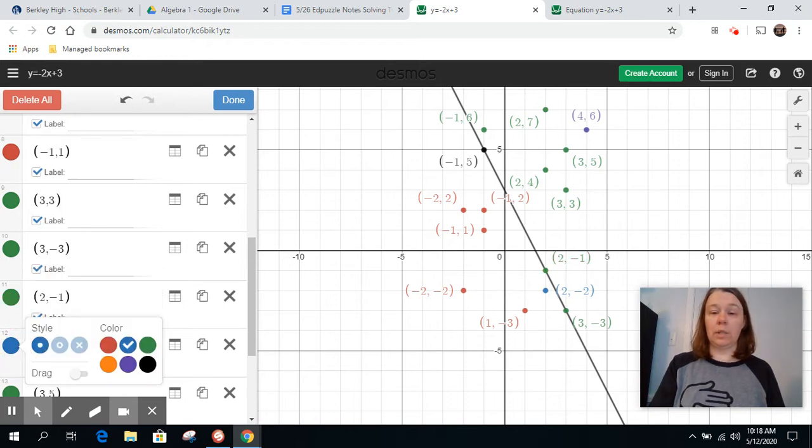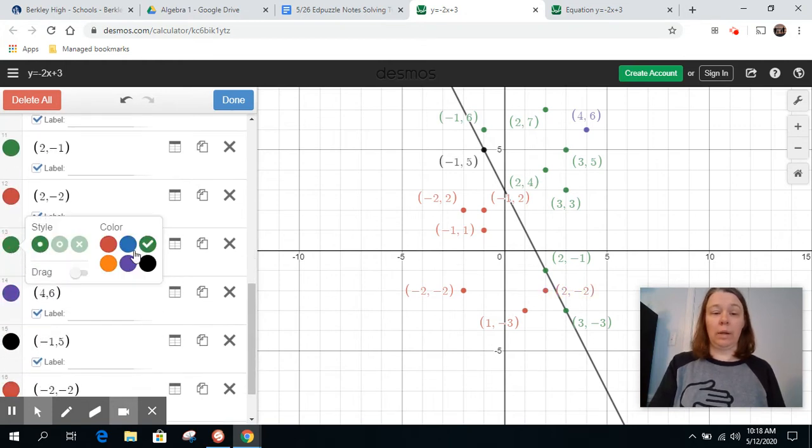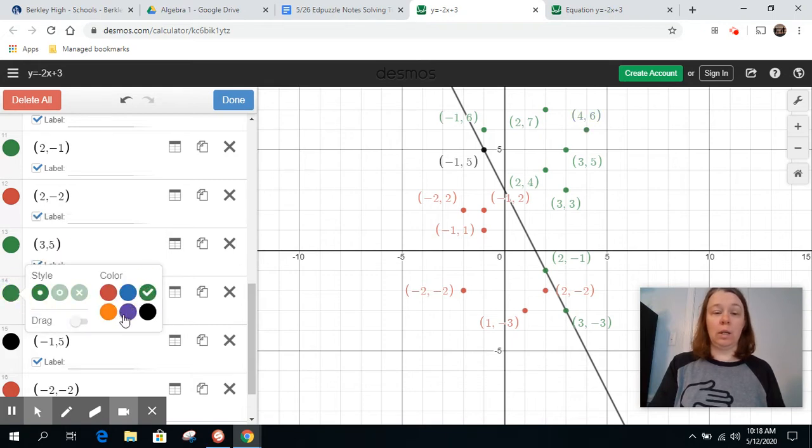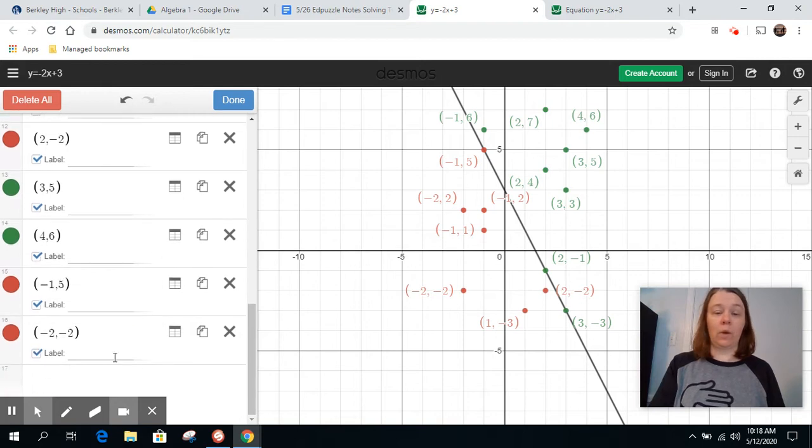Okay. I know this is taking a long time, and I'm really sorry about that. All right. So hopefully what you're noticing is, let me finish this. Okay, so here we've got them correct now. Oh, negative 1, 5 is a solution.